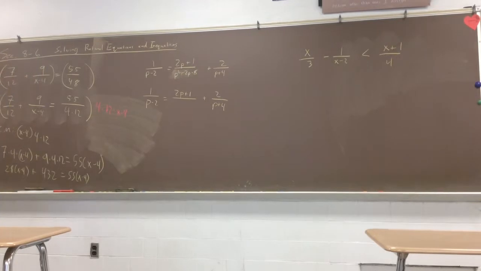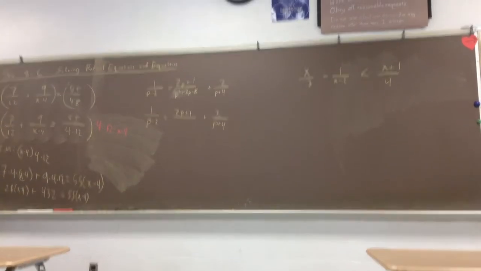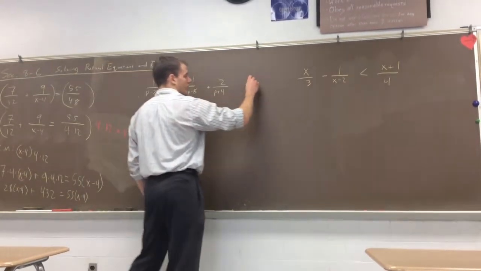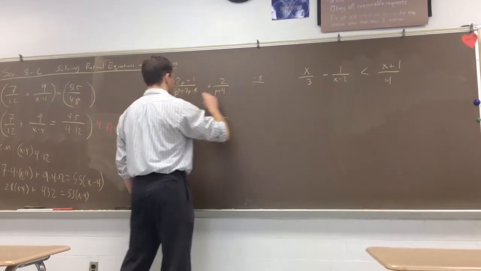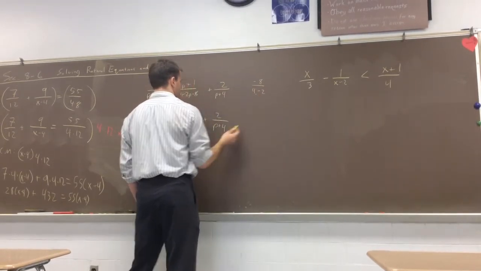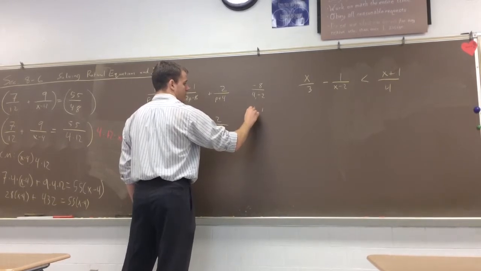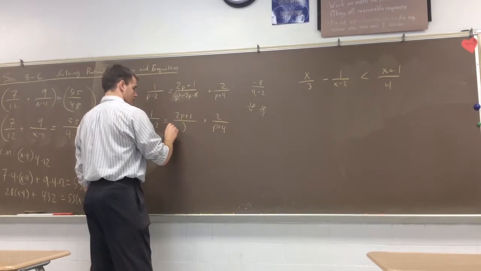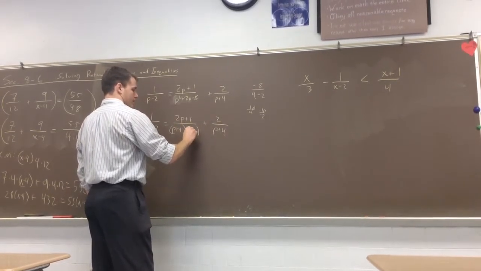What does p squared plus 2p minus 8 factor into? Negative 8. What factors of negative 8 add up to 2? 4 and negative 2. 1p over 4, 1p over negative 2, nothing cancels there, so p plus 4 and p minus 2.